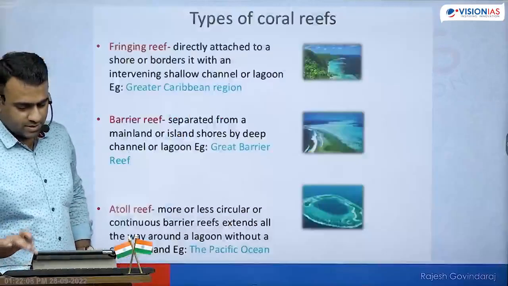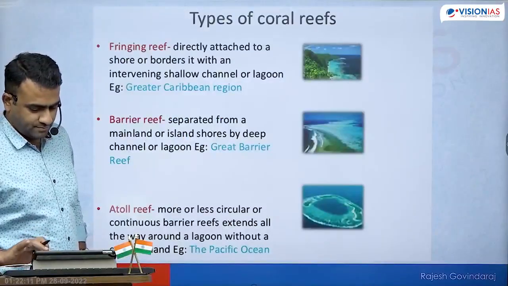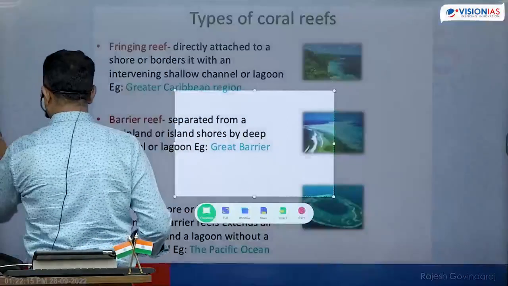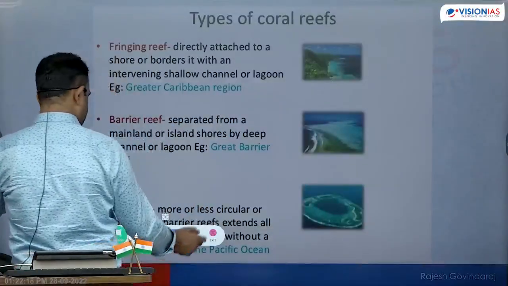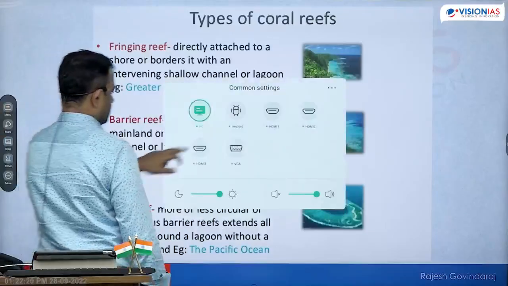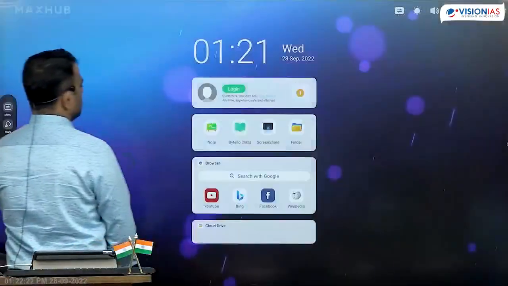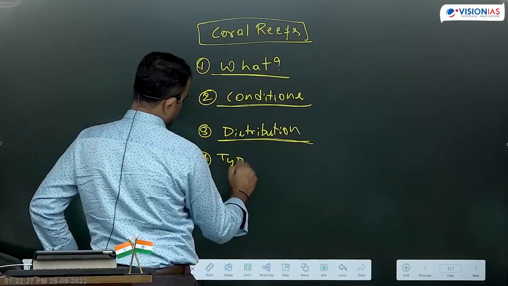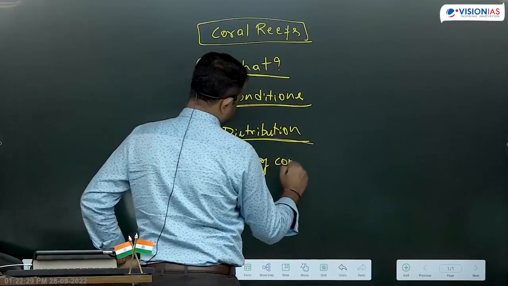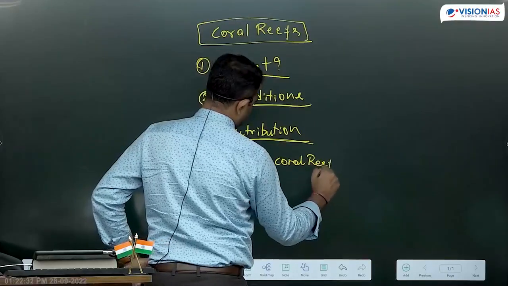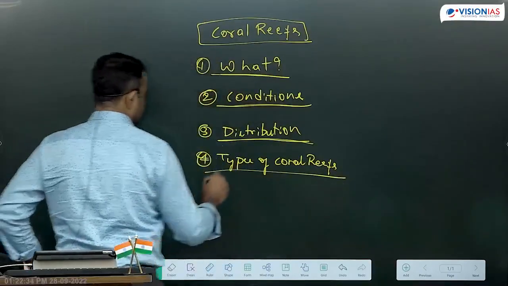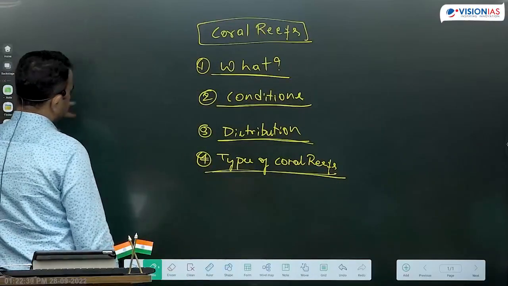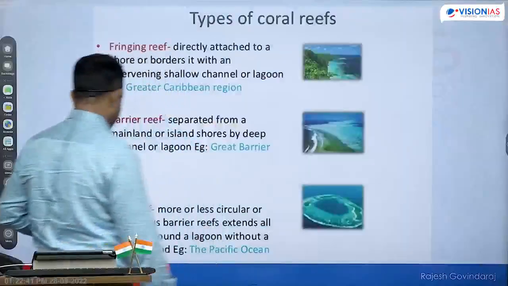So next, types of coral reefs. Types of coral reefs basically refers to different shapes of the coral reefs which are formed on the surface of Earth.